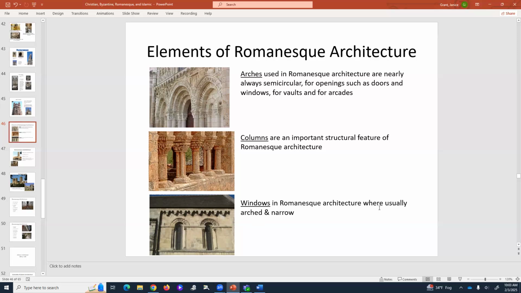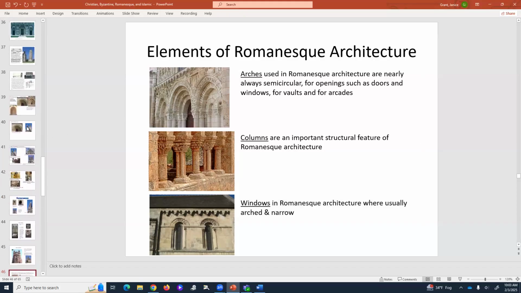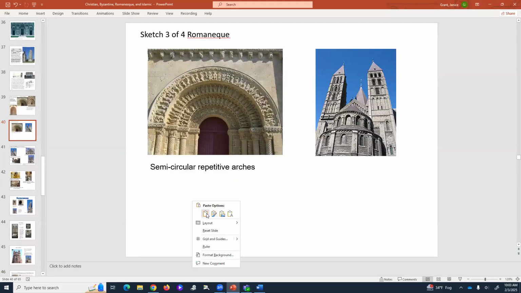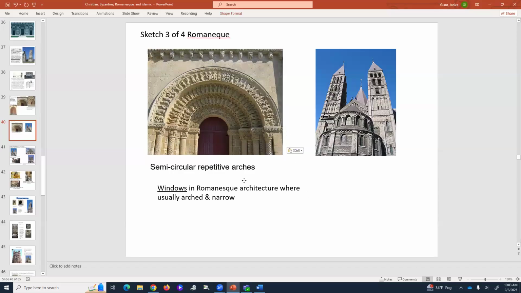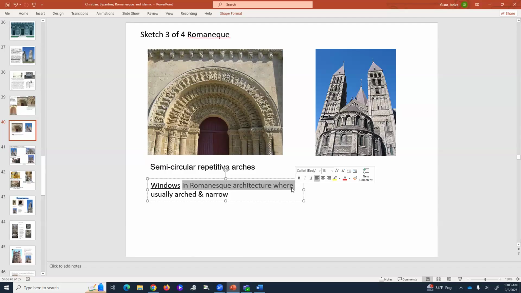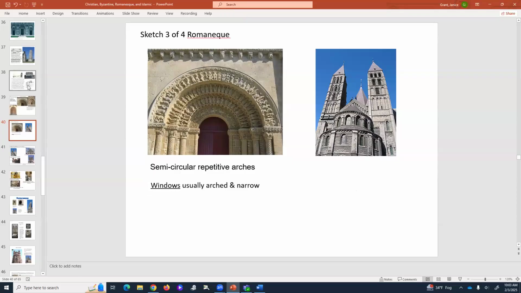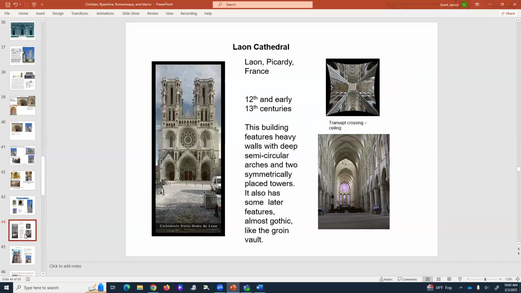I think we also want to bring in some notes about this. So while we're working on this, we're going to pick up some notes on these two symmetrical towers.